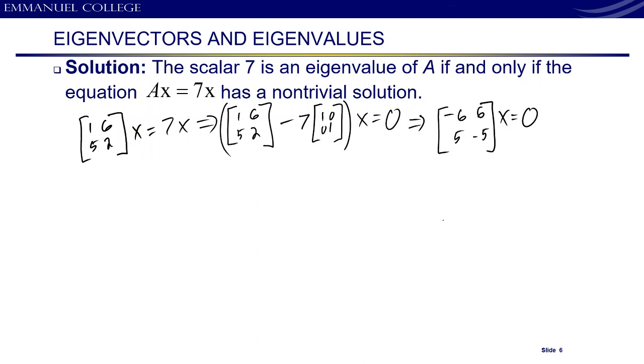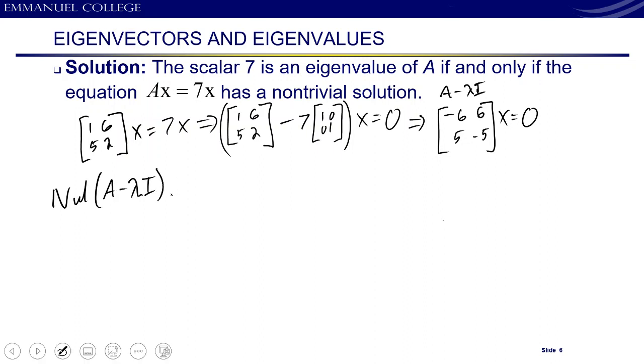This is the same as finding, and remember this is A minus lambda I, not lambda imaginary, I being the identity matrix, the null space of A minus lambda I. To do that, I need to figure out where negative 6, 6, and then it becomes an augmented matrix.